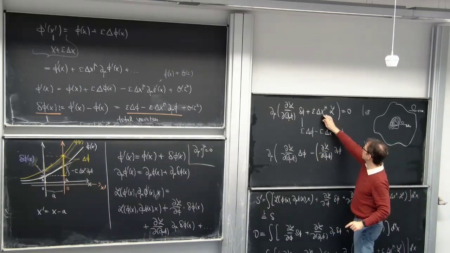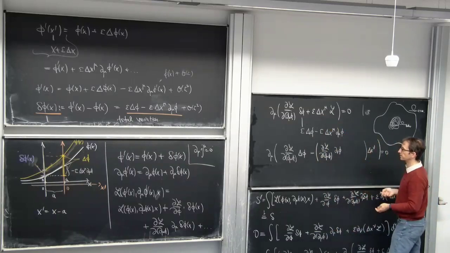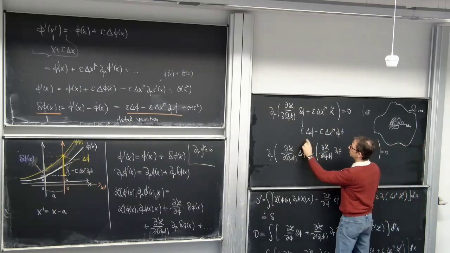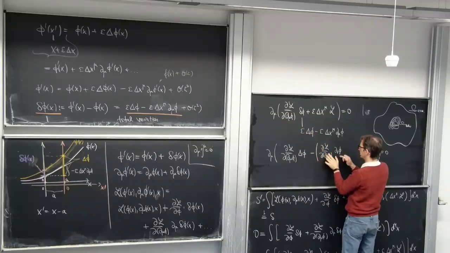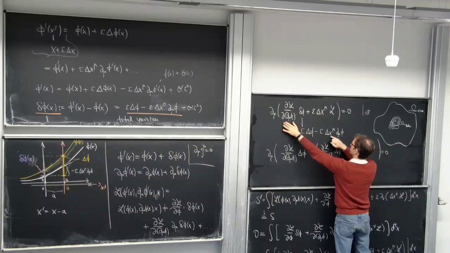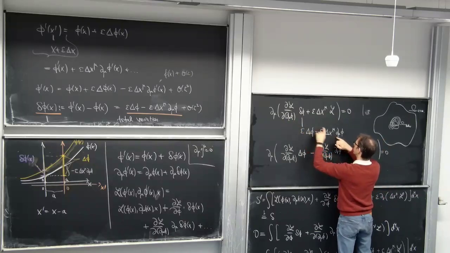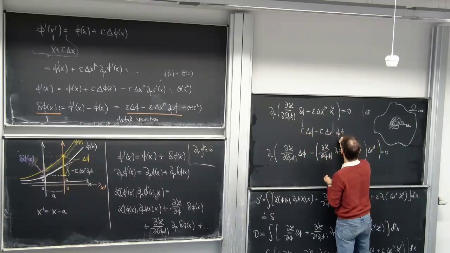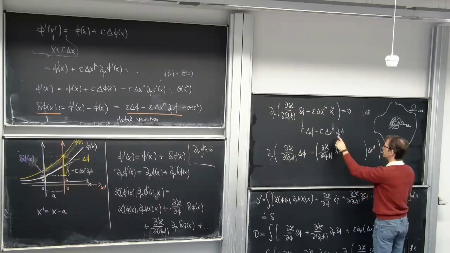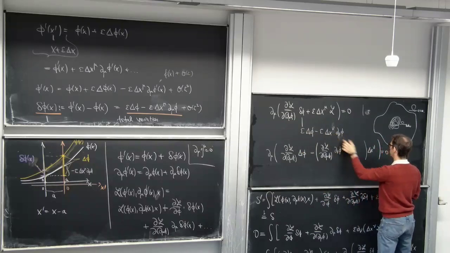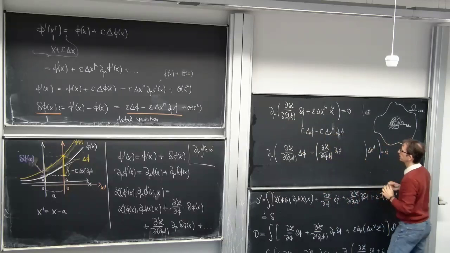I'm still inserting this, but let's just verify that that works. The first term is this times delta phi, and the second term is really that times that, where I relabeled, let's do it here, mu because the mu is already there. And then the derivative was here, the delta goes to the back, epsilon is divided.